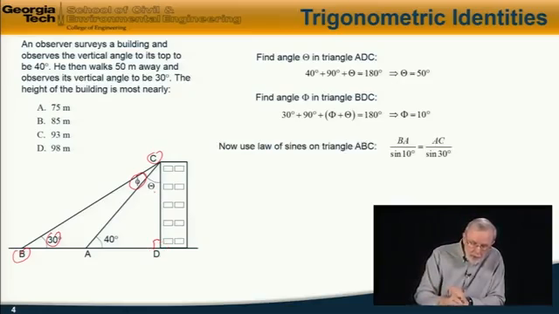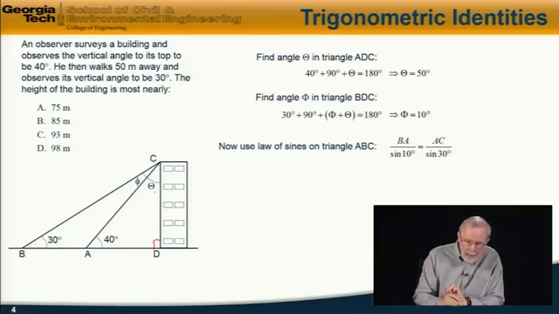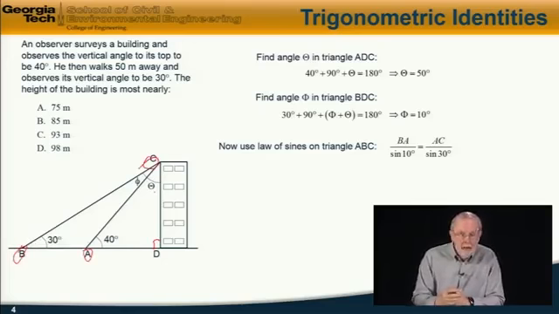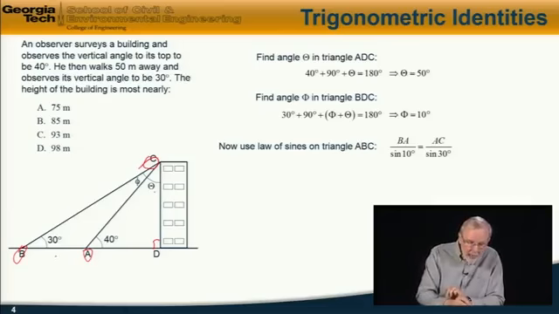Next, we'll use the law of sines on the triangle ABC to find the length of the inclined side AC. So we have BA, this length, divided by sine phi is equal to AC, this length, divided by sine of 30 degrees.